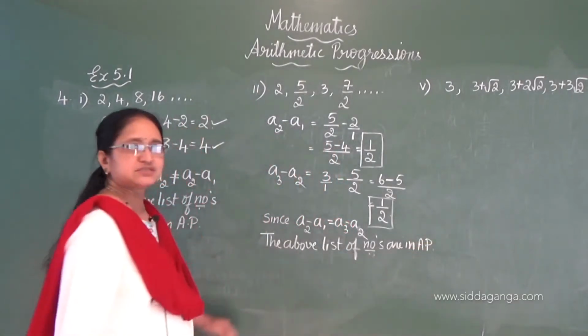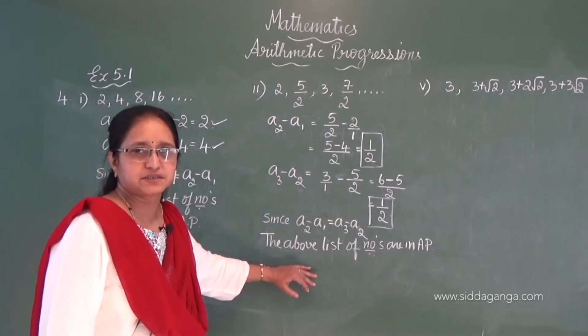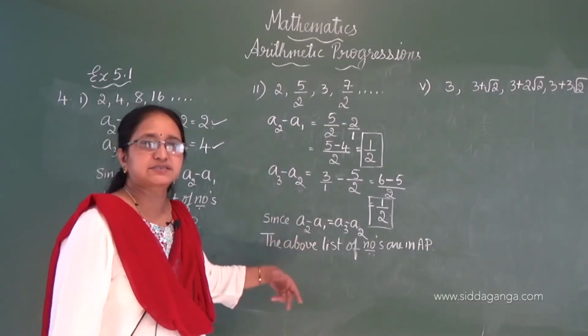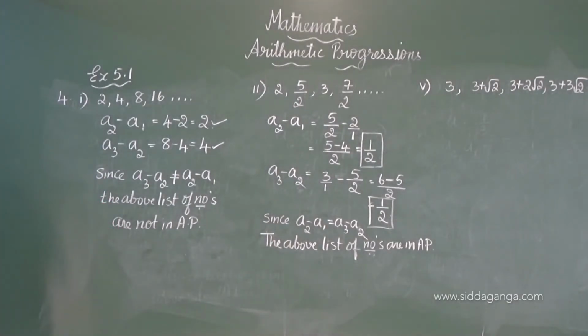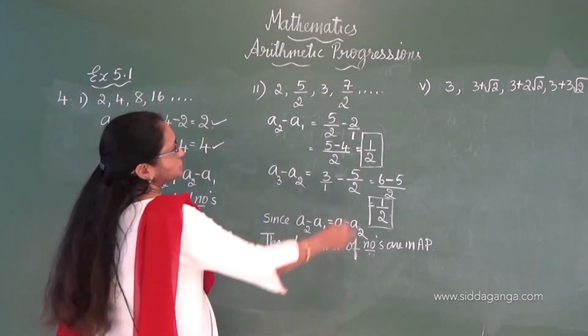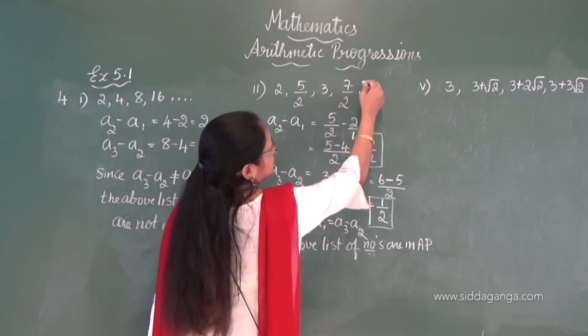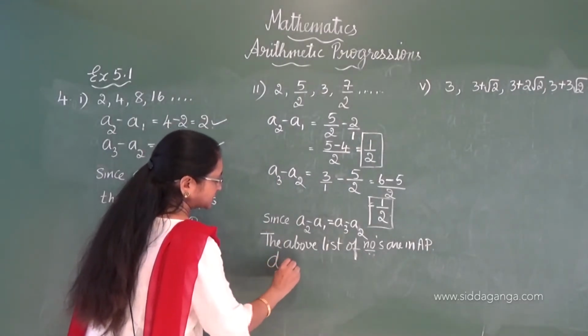Okay, then what is the next step? So our sum is not completed still. You have to write the next 3 more terms. Now we know the common difference D is half.